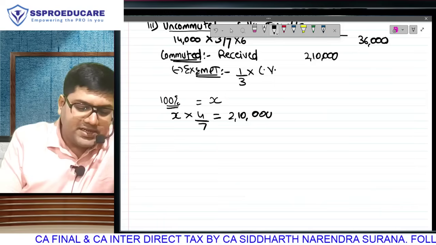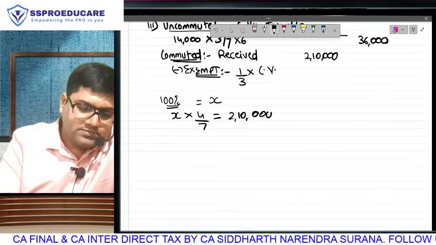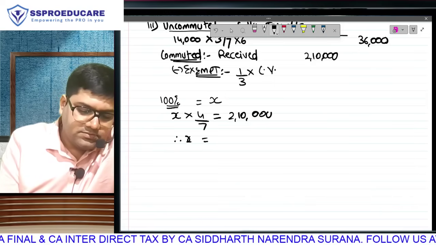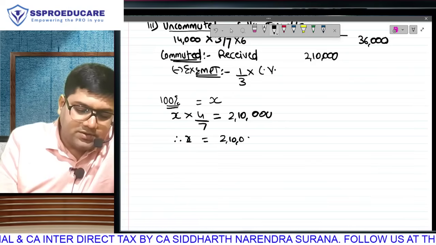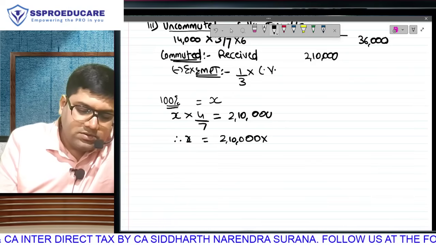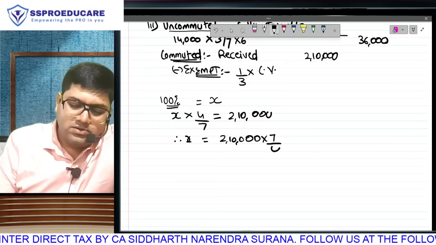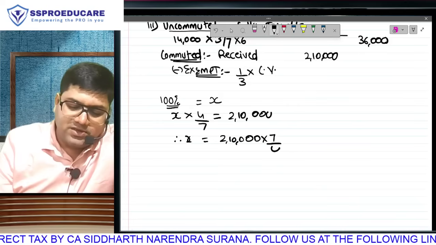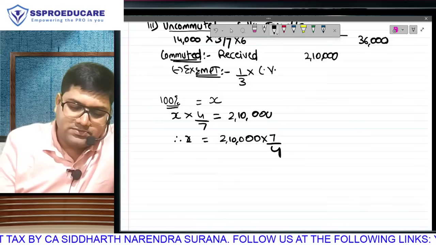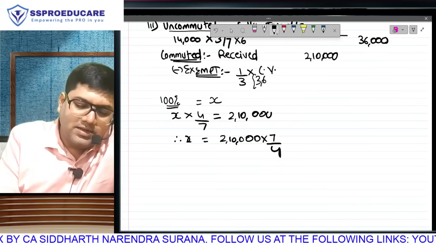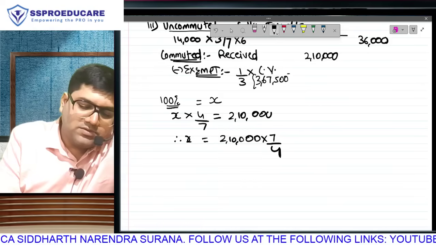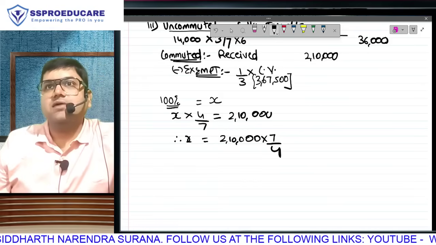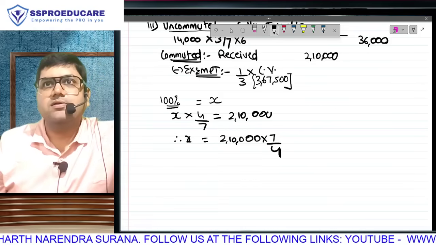And therefore, what is X? 2,10,000 into 7/4, 3,67,500. अभी समझा? That means 1/3 or half will apply on which amount? 3,67,500. उसका 1/3. Confusion is over.